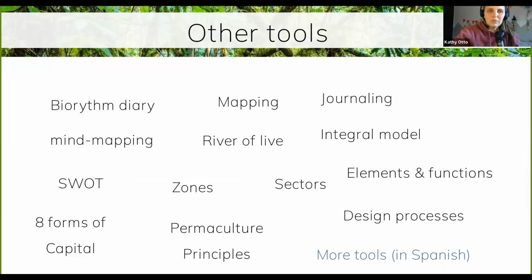And then just to keep some other tools, there are so many tools there. I haven't named Byron Diary, the River of Life, journaling, elements and functions, zone sectors, the 8 forms of capital. There are a lot more tools. I have linked here a toolkit in Spanish, but it's very visual, so you might understand some, and most of the words are similar.